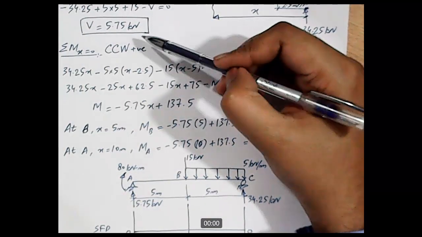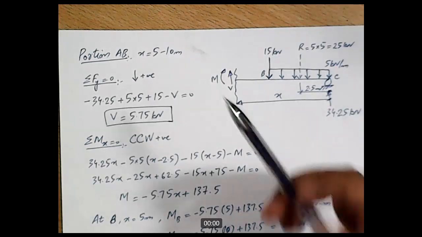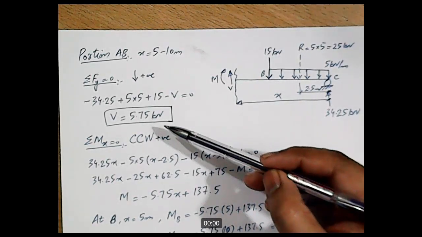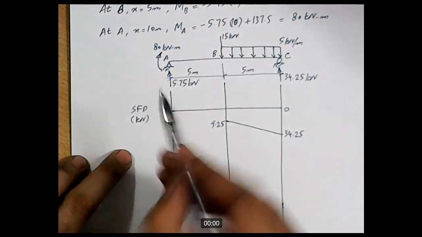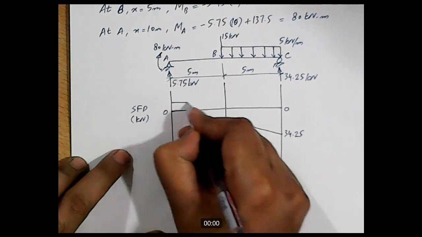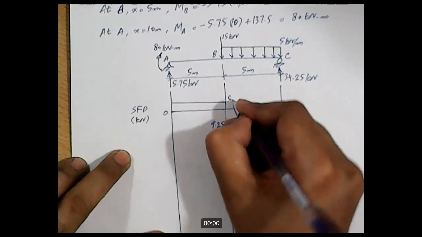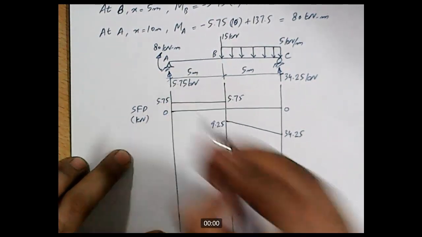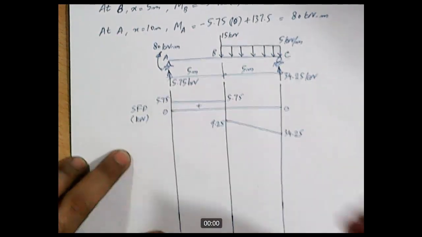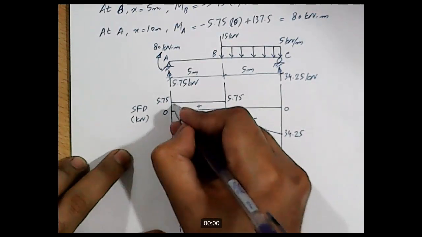The value of shear for portion AB is constant. Here we calculated on the same page, 5.75 kilonewton. So for portion AB, the value of shear is constant, positive 5.75 kilonewton. So this part of the shear force diagram is positive, and this part of the shear force diagram is negative.